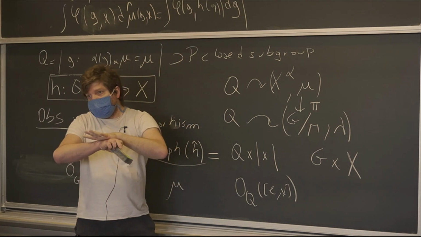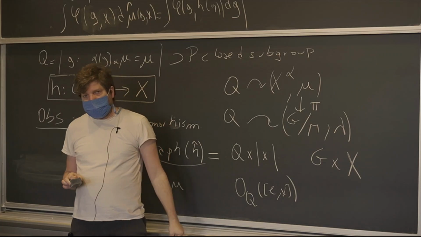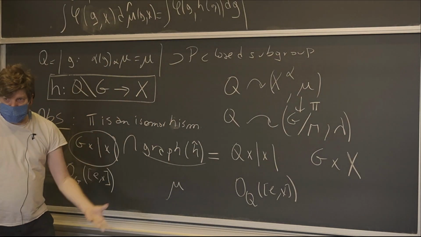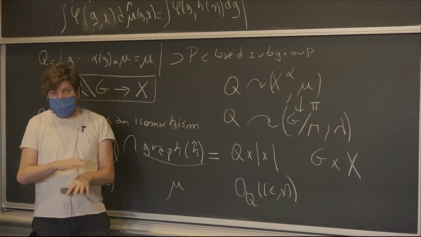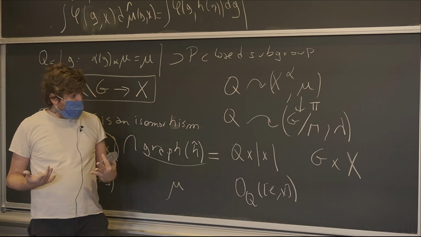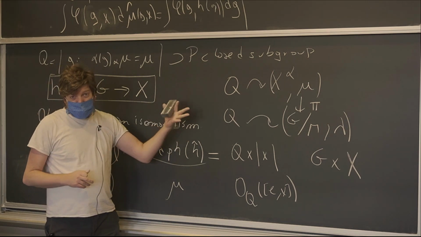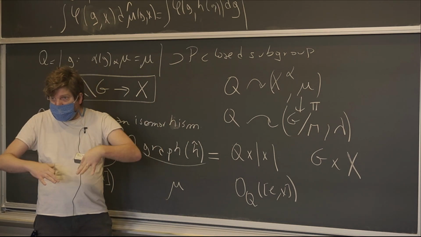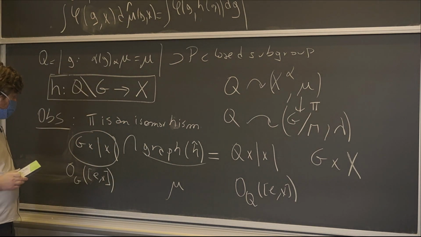The graph of h hat is very unwrapped in G times X, so everything is beautiful. But when I go to the quotient, this measure mu gets wrapped, and it's a dust of points, which doesn't look like a graph anymore. At the end of the day it will look like a graph, but for the time being it's very hard to see this dust of points.